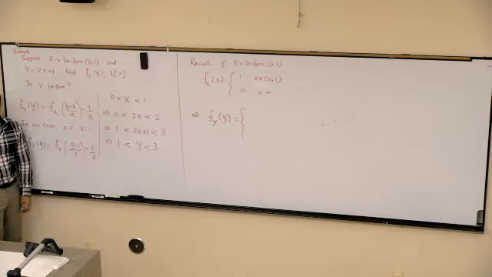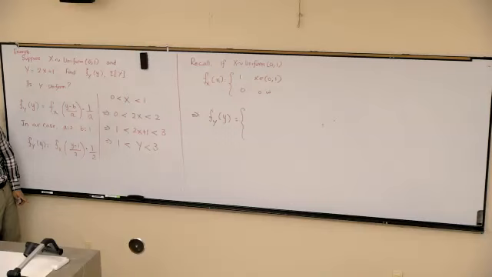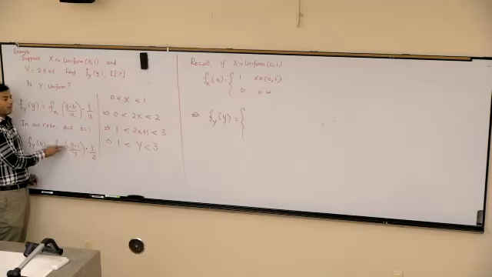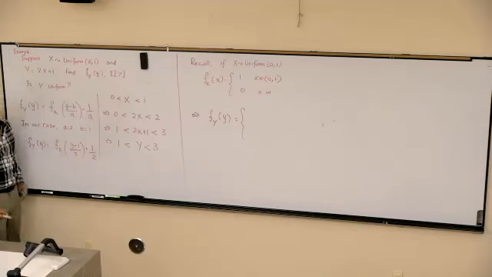Algebra. This was 1, 2, 1/2, 2. Why is it 2? One piece at a time.